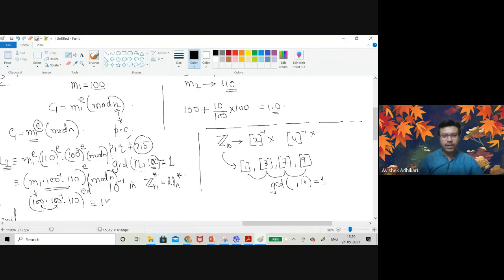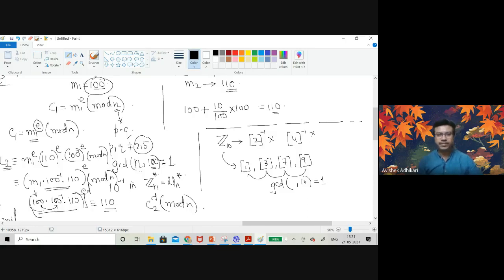So what you will get is 110 when you decrypt this. That means when you do C to the power D modulo n, this value comes up, and this value is nothing but 110, which is a 10% increase of your M.